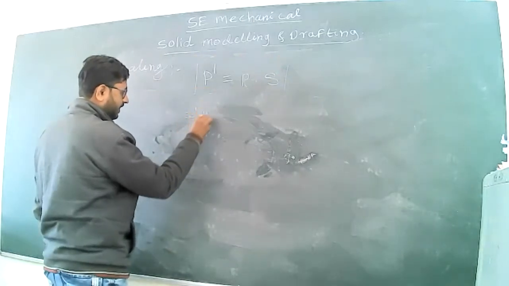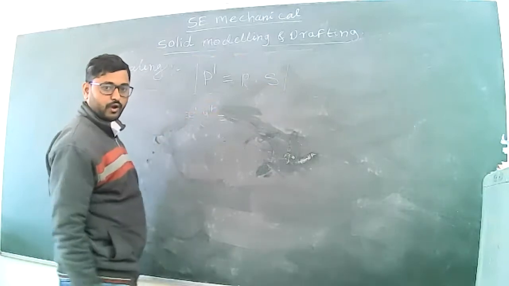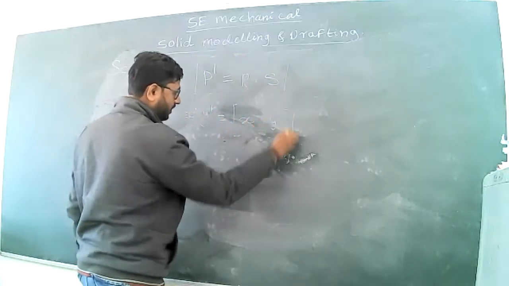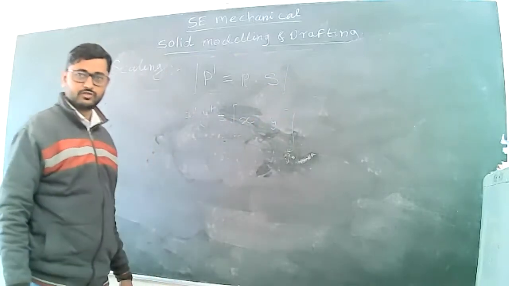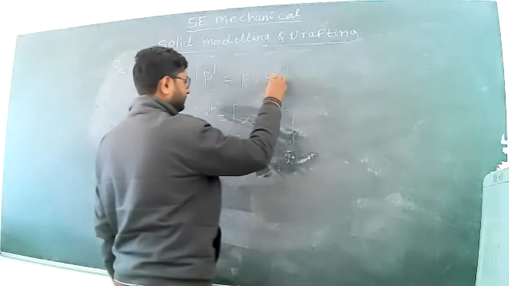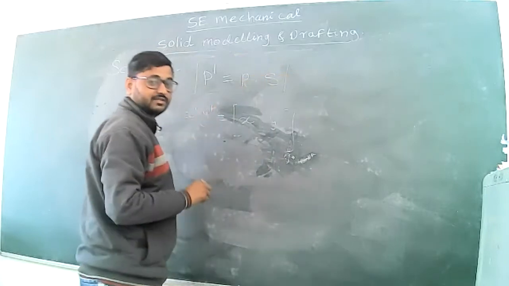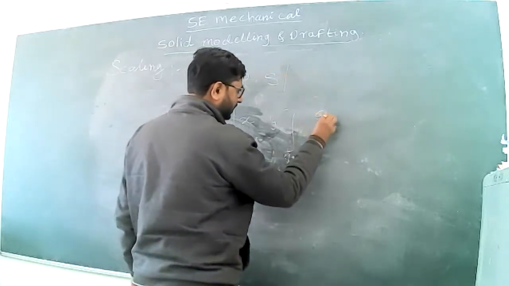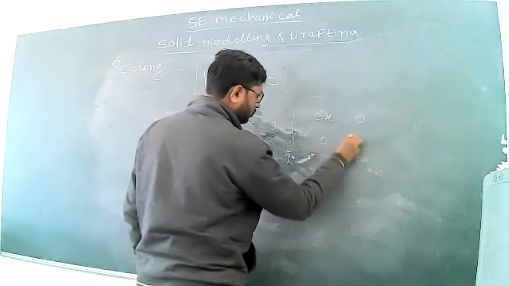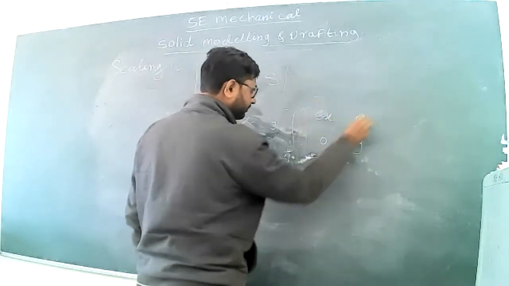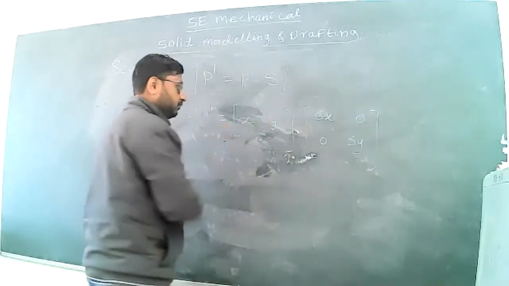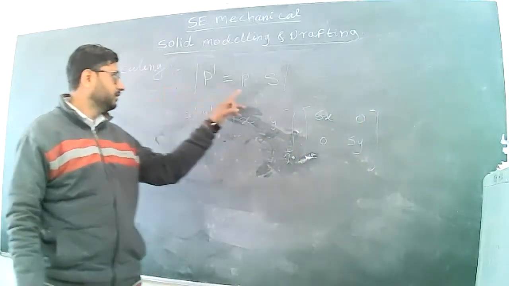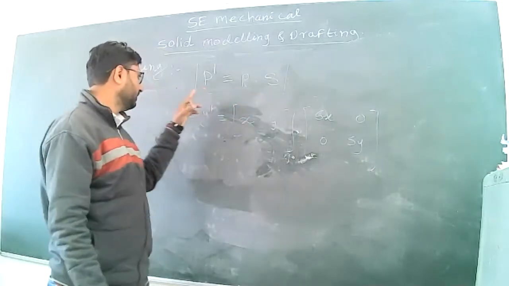Here we consider a line x dash y dash in matrix form: x dash y dash is equal to x y into S. What is S? S is the scaling factor, that is Sx 0 0 Sy.